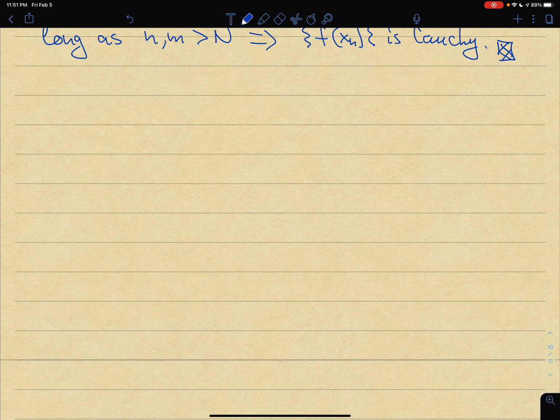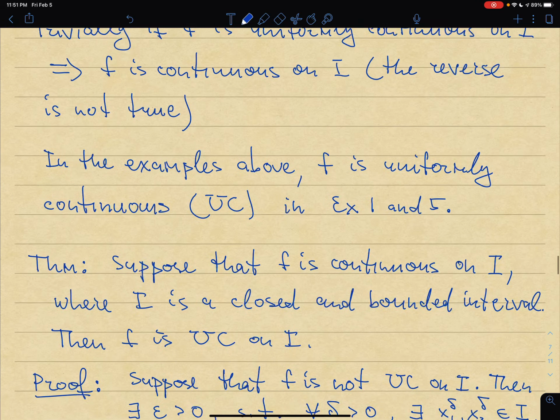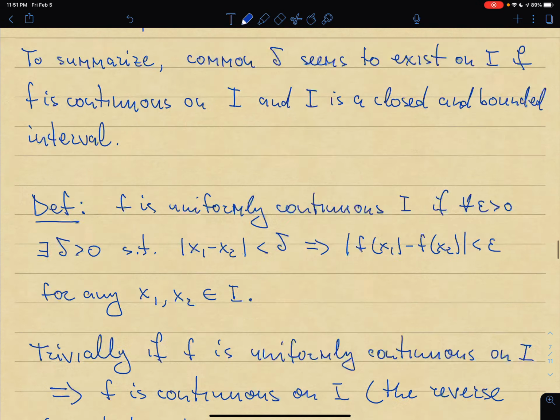So let's go back to one of our examples. I believe that was example 3, if I am right. Example 3, yep.